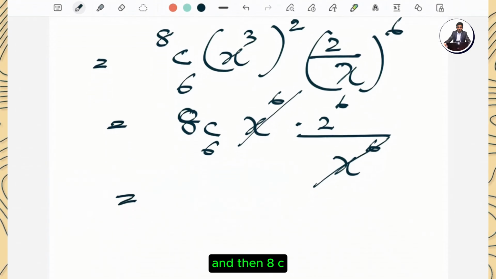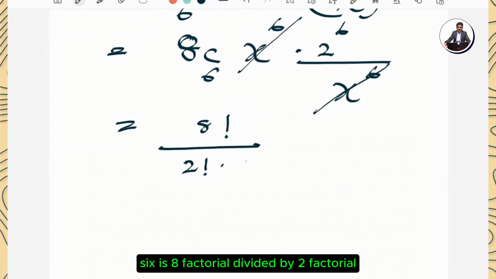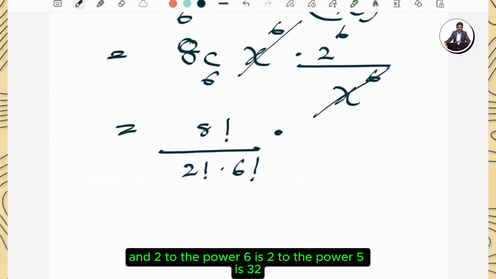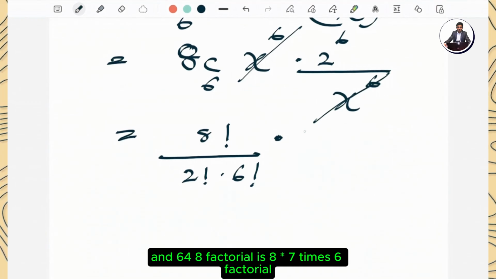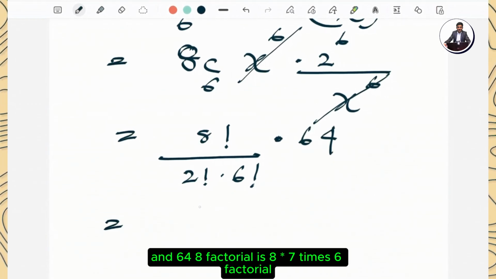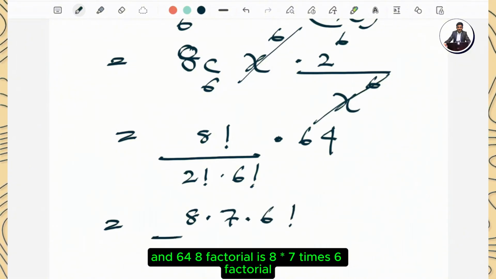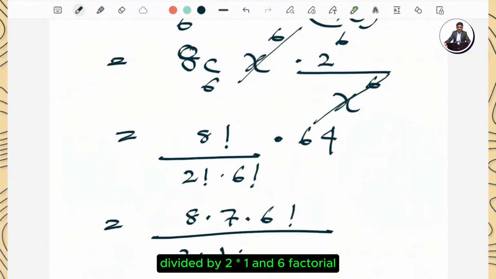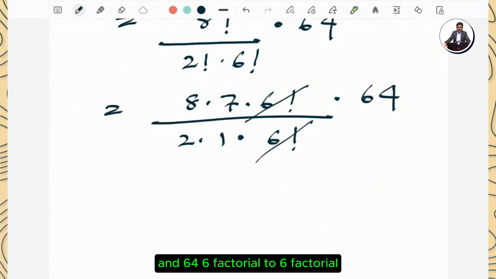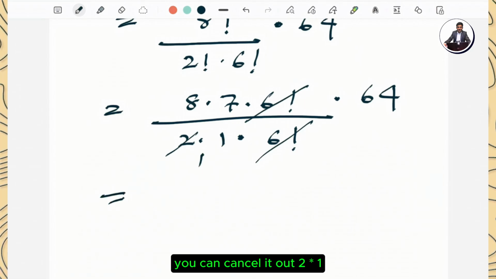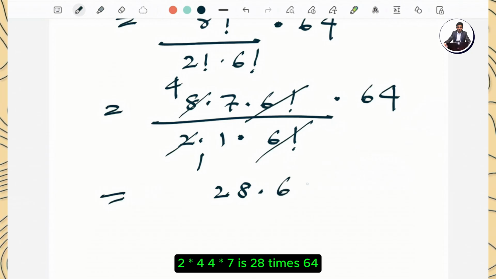And 8C6 is 8 factorial divided by 2 factorial and 6 factorial, and 2 to the power 6 is 64. 8 factorial is 8 times 7 times 6 factorial divided by 2 times 1 and 6 factorial, times 64. Cancel the 6 factorial. 8 over 2 is 4, and 4 times 7 is 28, times 64.